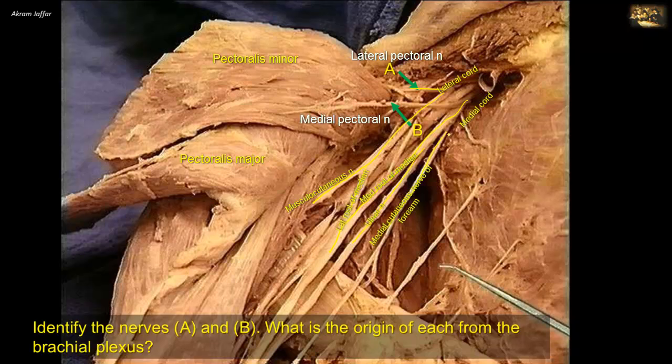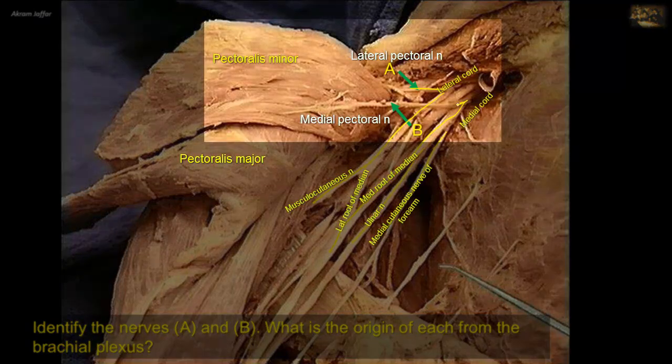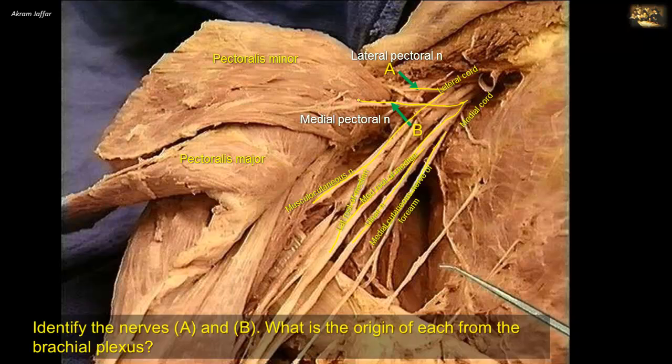Medial cutaneous nerve of the arm is not shown, but the other branch, the fifth branch from the medial cord, is the medial pectoral nerve. And another point of identification here is that it pierces pectoralis minor muscle. It supplies pectoralis minor to reach pectoralis major muscle.